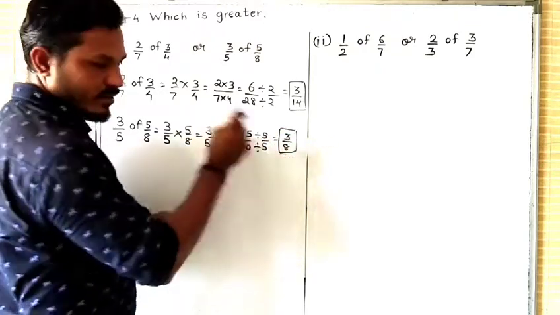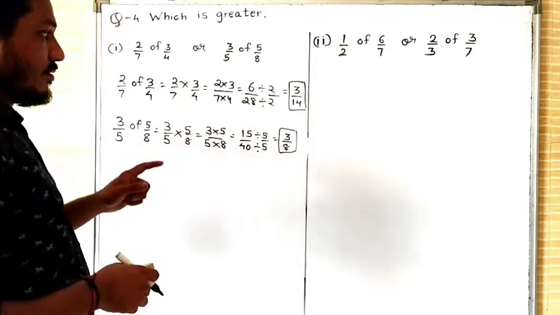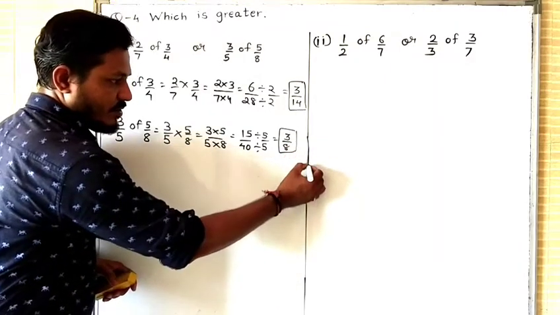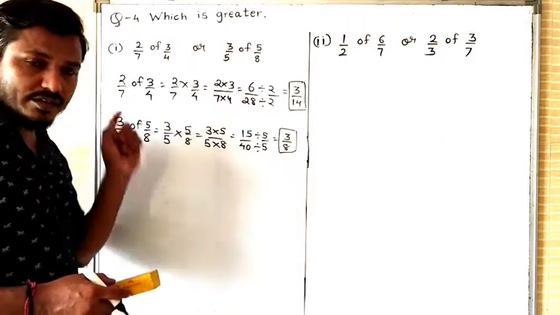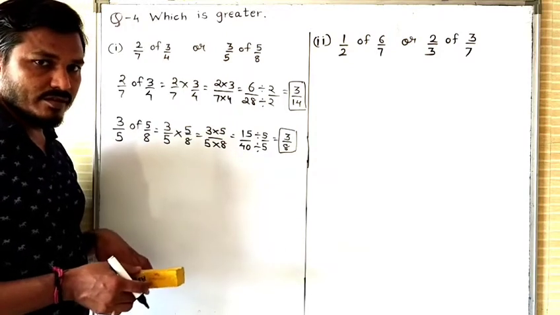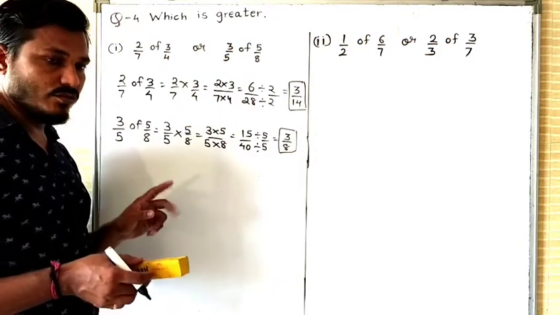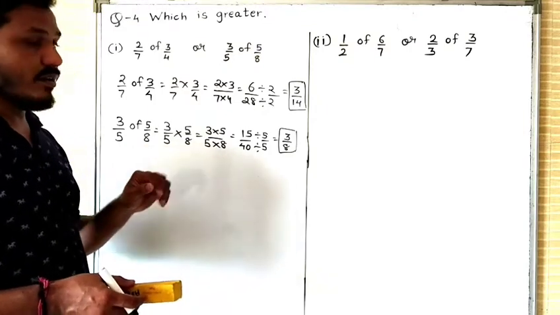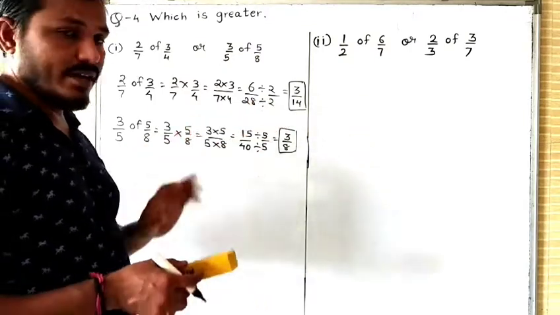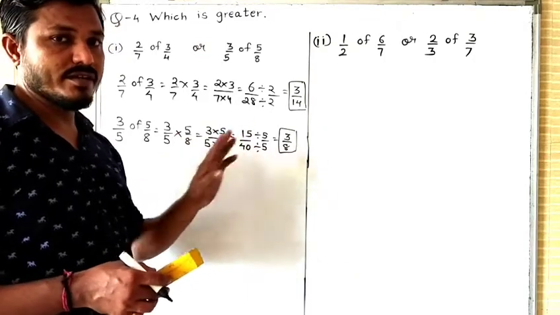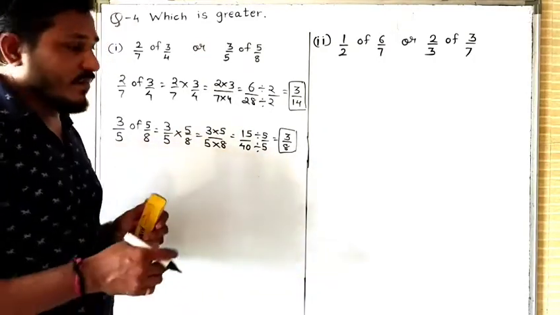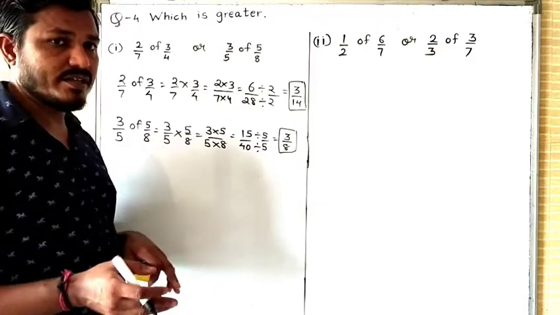Now dear student, before comparing, to find out which one is greater, we need to find the LCM of the two fractions to equalize the denominators. But here in this case the numerators are equal. In both fractions the numerators are equal. That means the fraction which has the smaller denominator is greater.